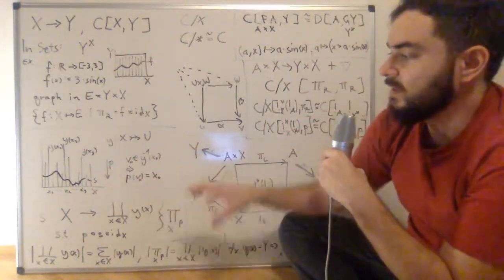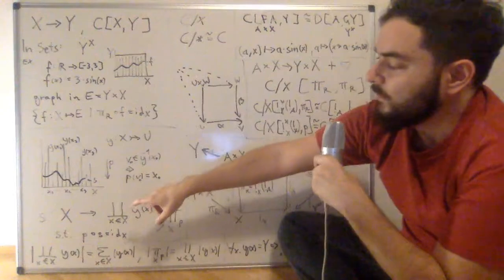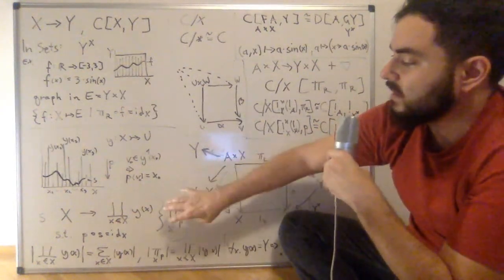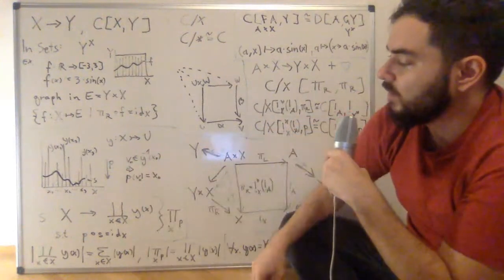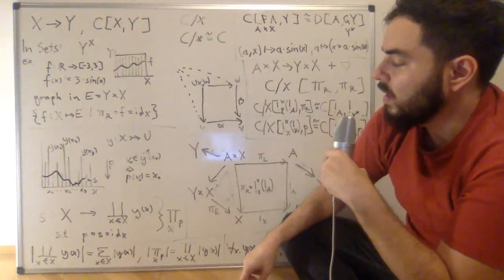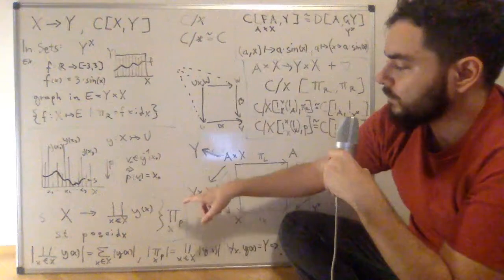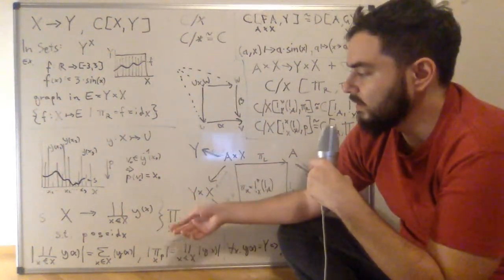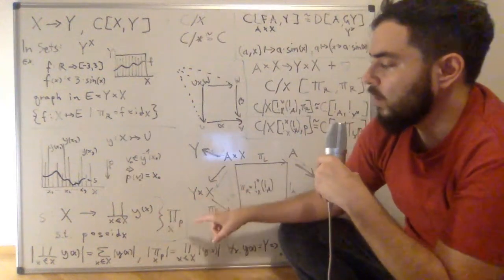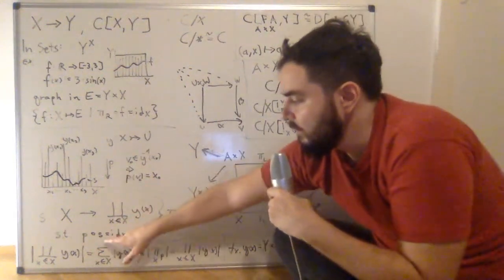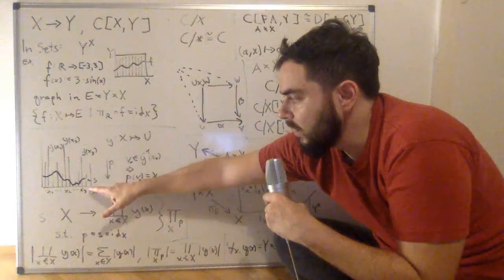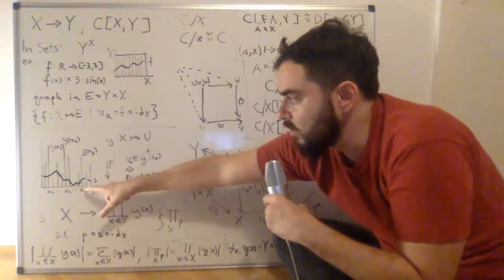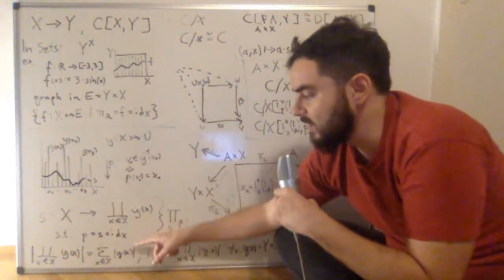Using this kind of projection, we can characterize the sections as the functions that go from x to the disjoint sum of the y of x's, but with the extra condition that if we apply this s and go from the domain into one of the fibers and then project it back, then we should come back to the place that we were before.